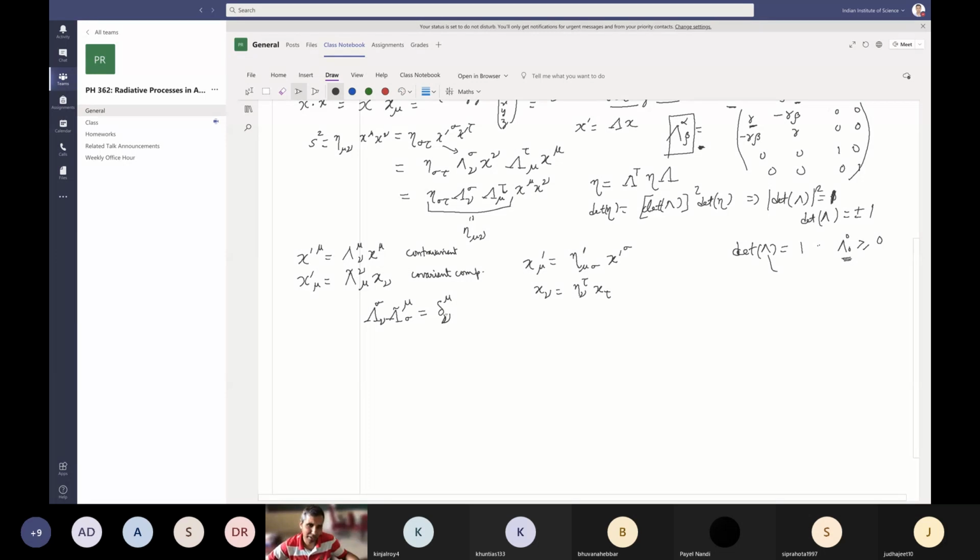And this is just the delta function in 4D space. So you can see this matrix times this matrix equals identity. So lambda tilde is equal to lambda inverse, and that's equal to lambda transpose, because of these particular properties.